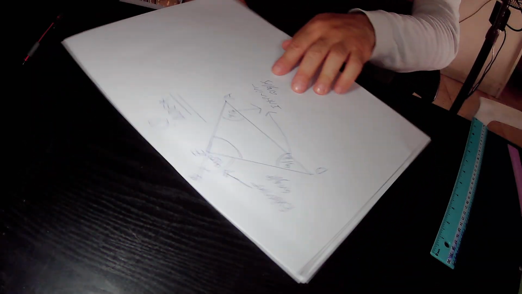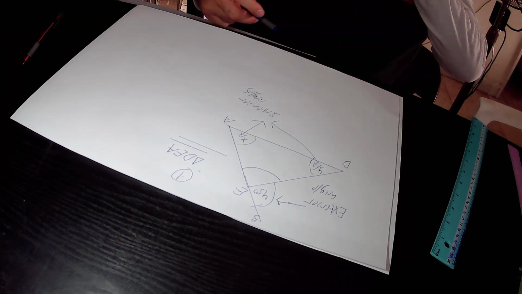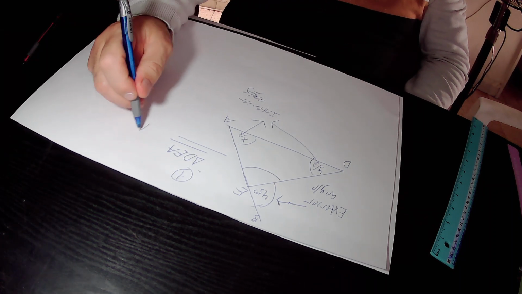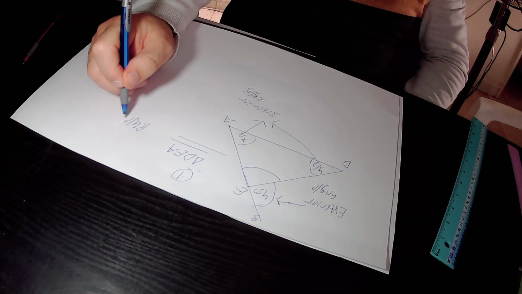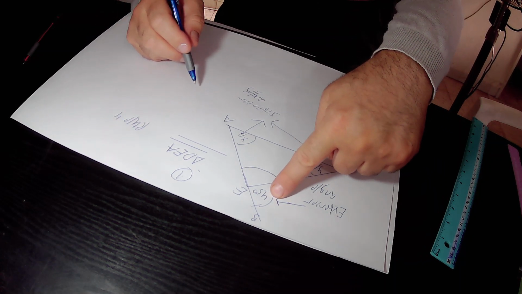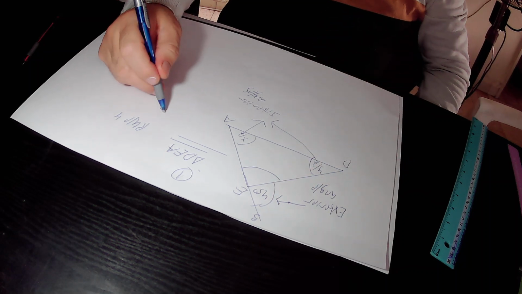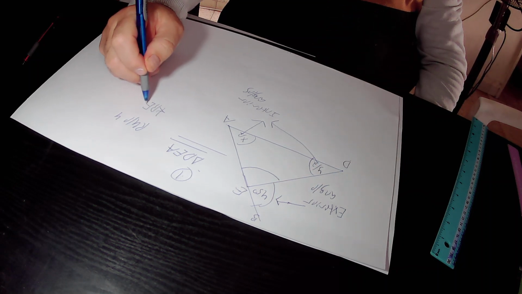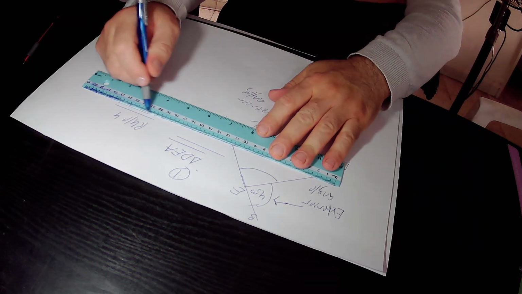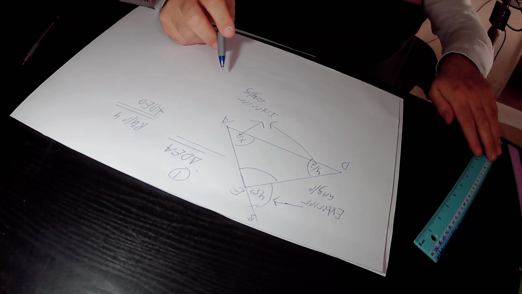According to rule 4, the size of this exterior angle BED is equal to the sum of the two interior angles that are not adjacent to it.